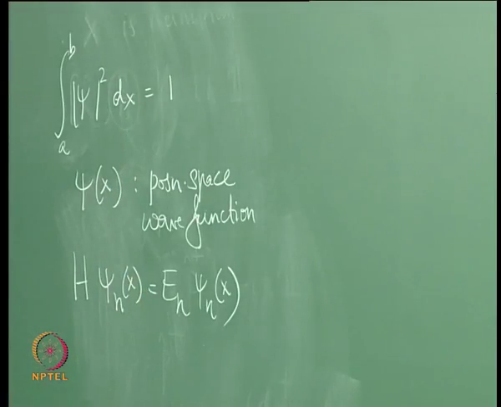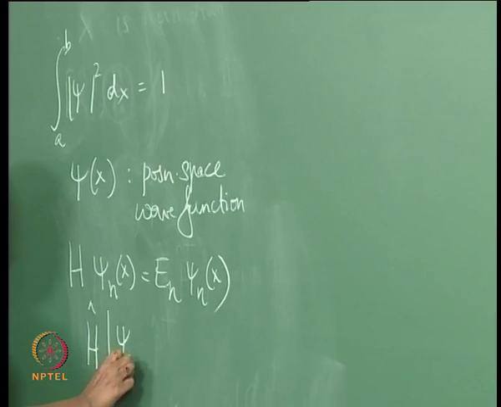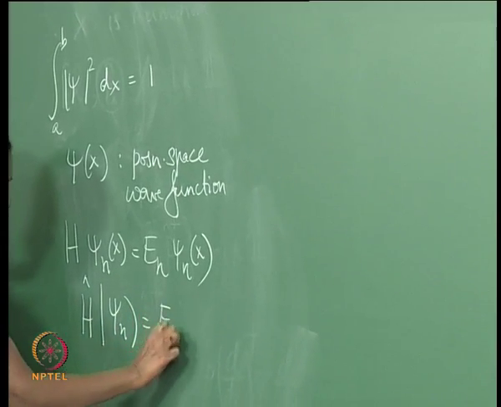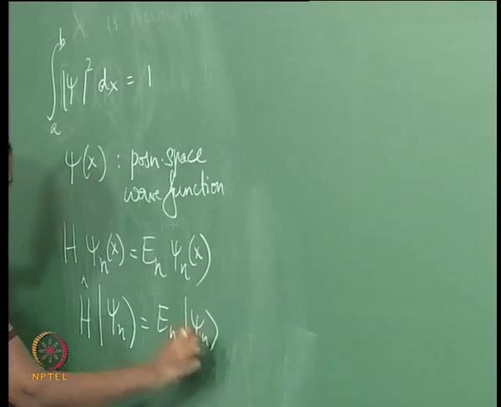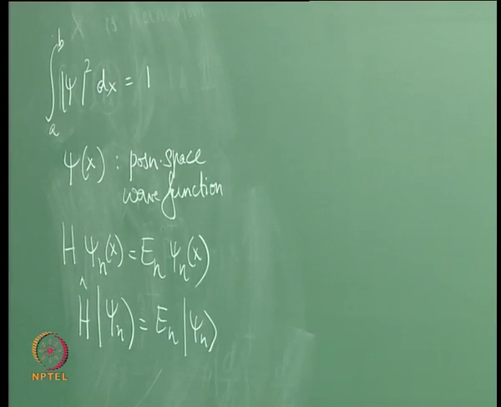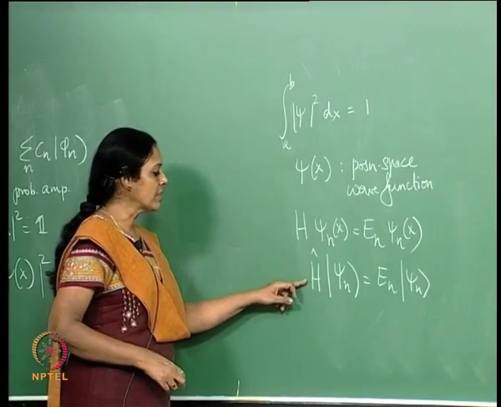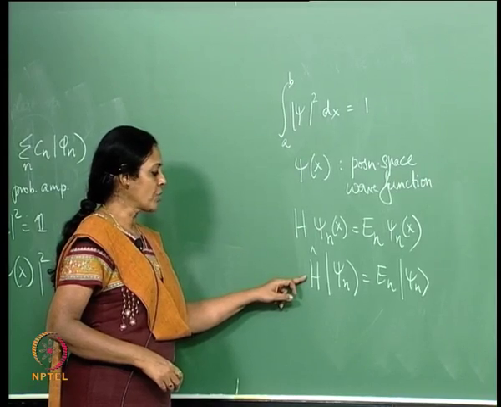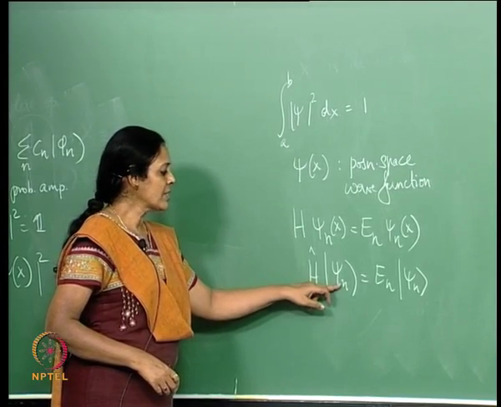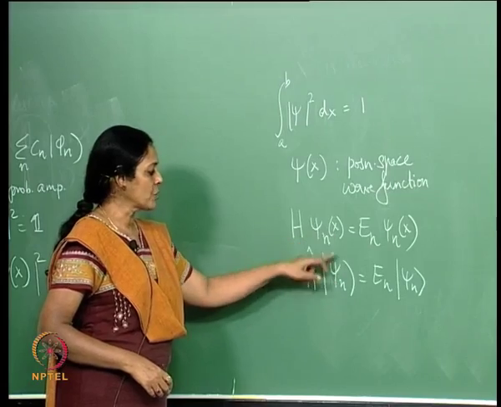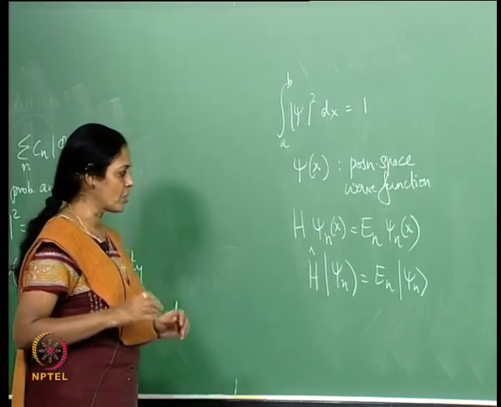In my earlier lectures, where I was not working with the position representation, I had the Hamiltonian acting on psi_n, giving me E_n psi_n. Now H is to be written in the position representation, and these should be made functions of x because we are working in the position basis.